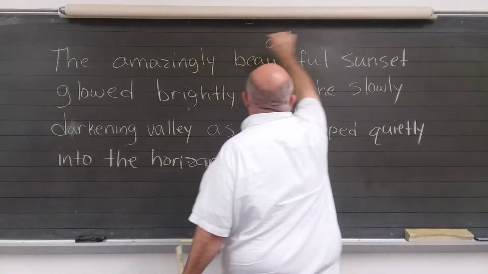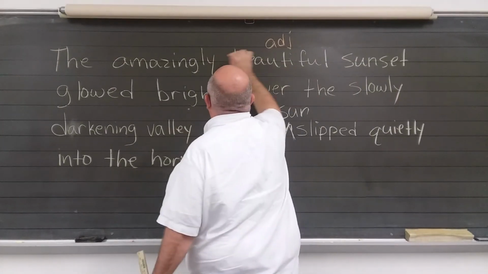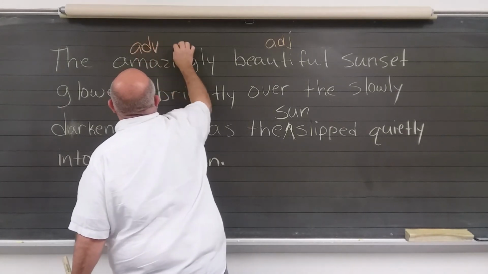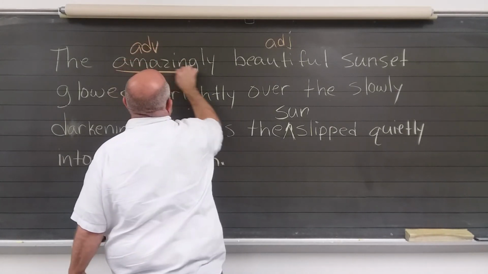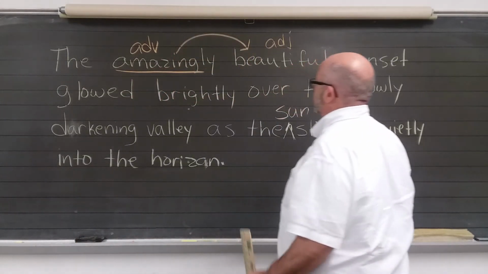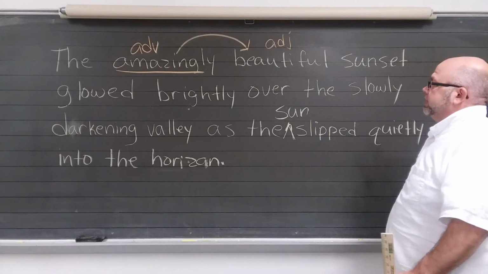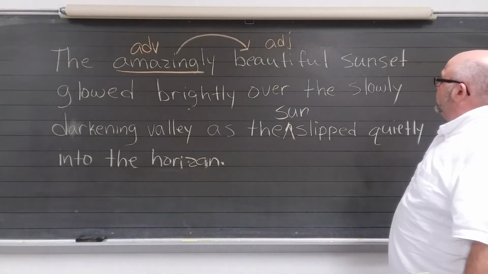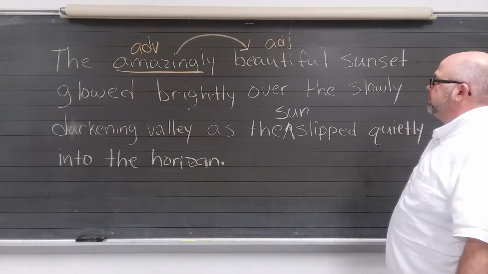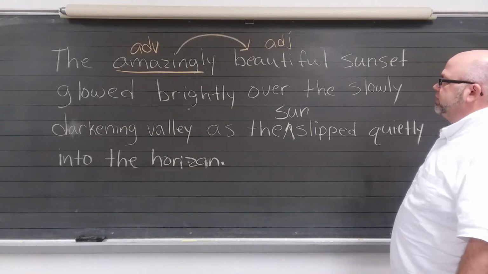Is it an amazingly sunset or is it amazingly beautiful? So amazingly is an adverb modifying the adjective beautiful. It comes right before it.